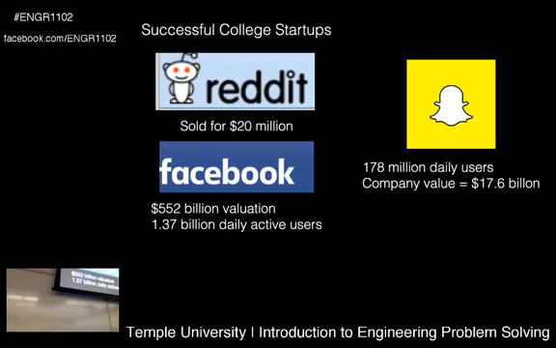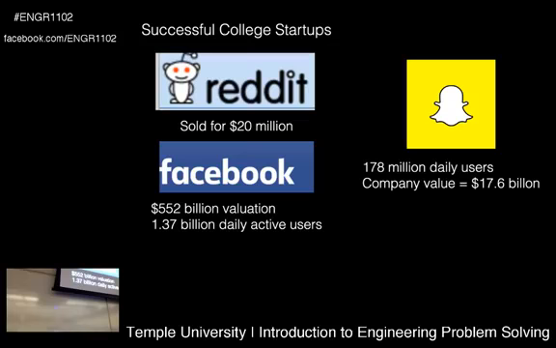He was actually in a class, somewhat like this, and was rejected. And then he and his partner came up with the idea of an entertainment site, basically a clearinghouse for entertainment news. And this is a bit old. In 2006, he sold it to Condé Nast, which is one of the biggest magazine publishers, for $20 million.